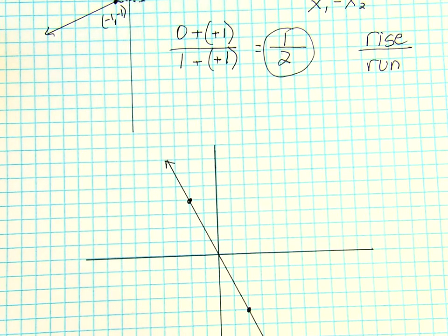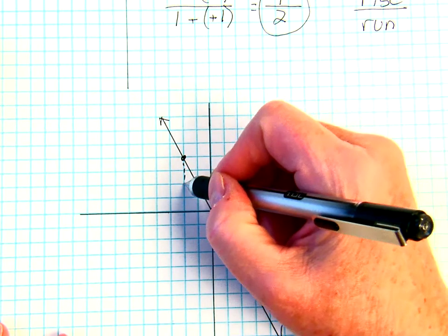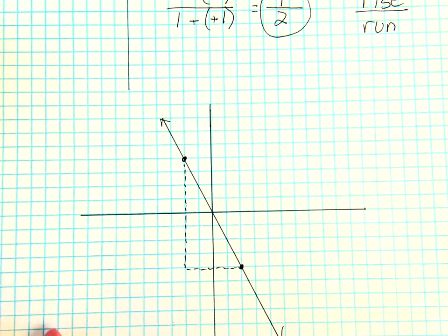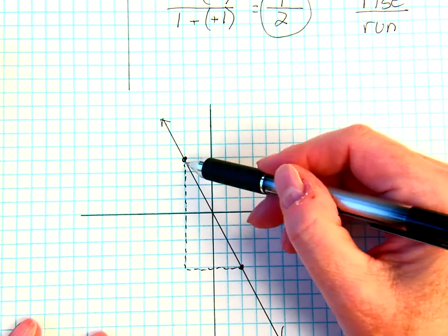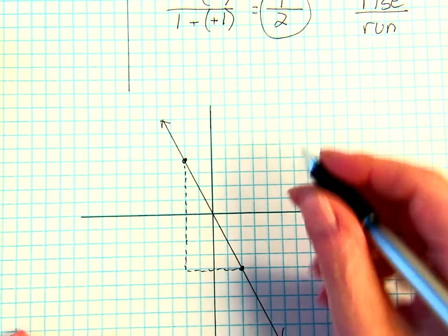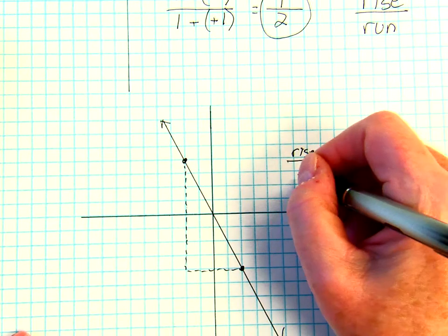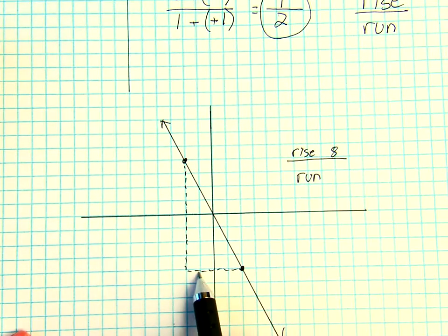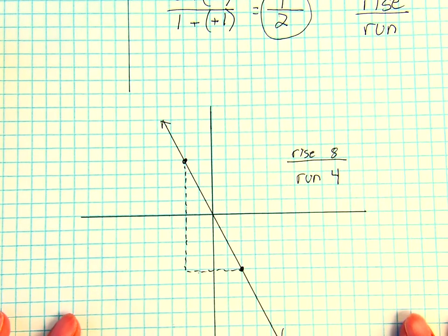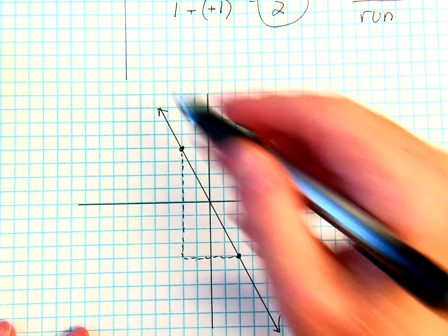So this time, let's just use our rise over run, okay? And I'm going to build my triangle, okay? And I'm going to say I've got 1, 2, 3, 4, 5, 6, 7, 8. My rise is 8. My run, 1, 2, 3, 4. My run is 4.